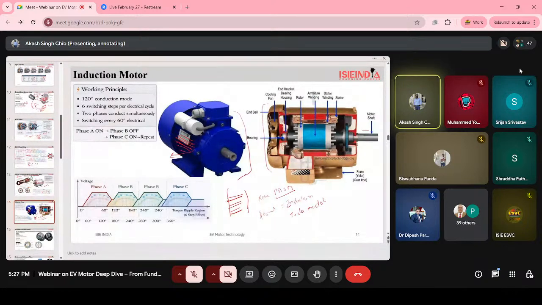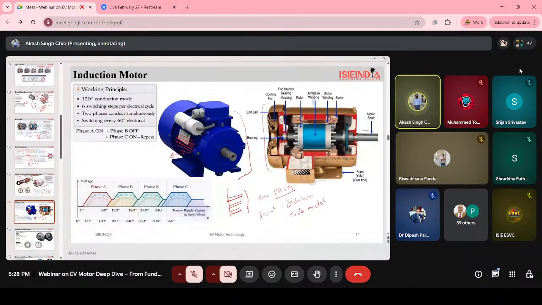Excellent, both sides. So in this, the electromagnetic field inside the stator part is generated, and the rotor is made up of iron here. So it is getting energized and starts moving forward.